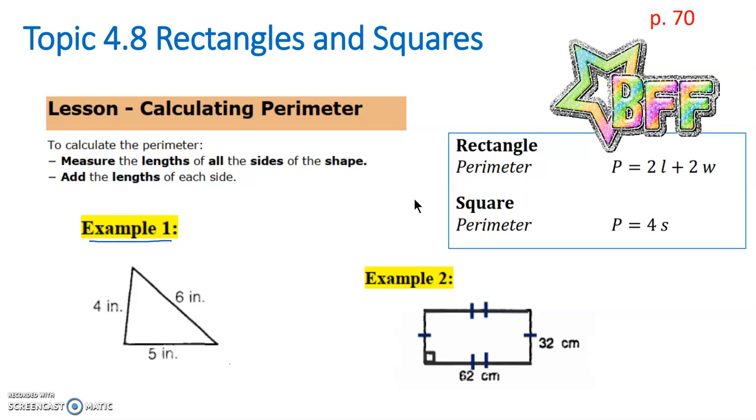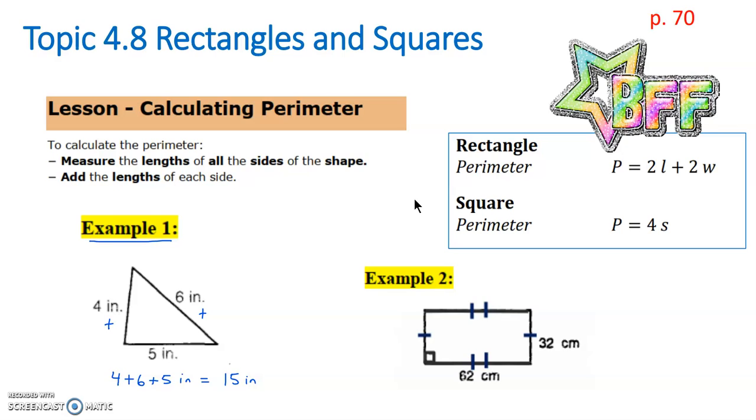We don't have a formula for a triangle for perimeter, so all we do is add the 3 sides that we have, and we can add them in any order. So we're going to take 4 plus 6 plus 5 inches, and notice that all the units are the same. That's really key. We need to have it all in inches. So that's going to be 15 inches around that figure.